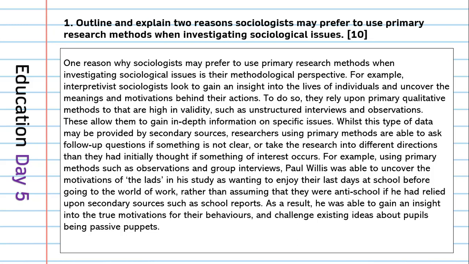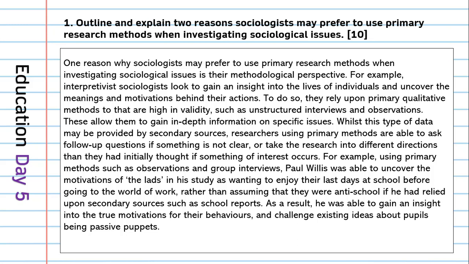For example, interpretivist sociologists look to gain an insight into the lives of individuals and uncover the meanings and motivations behind their actions. To do so, they rely upon primary qualitative methods that are high in validity, such as unstructured interviews and observations. These allow them to gain in-depth information on specific issues.